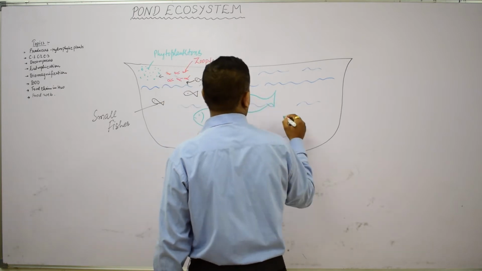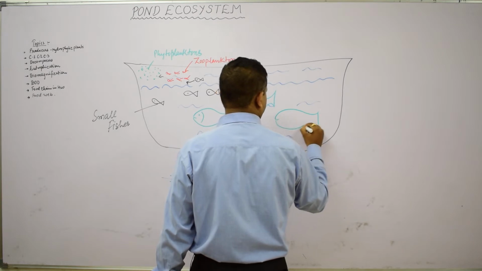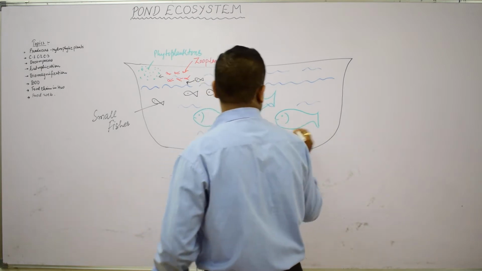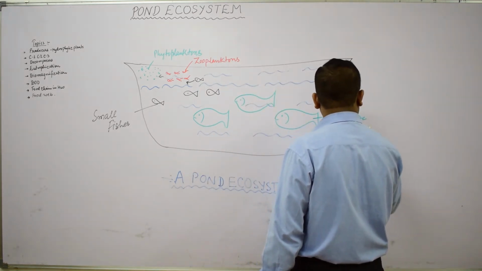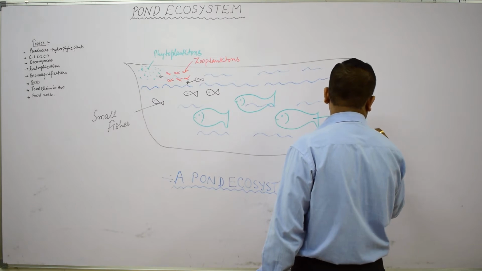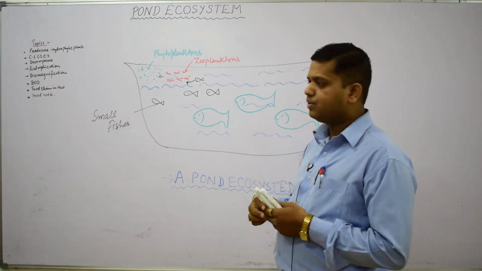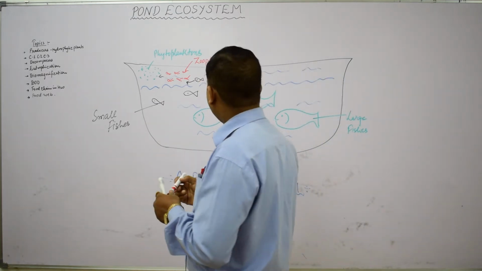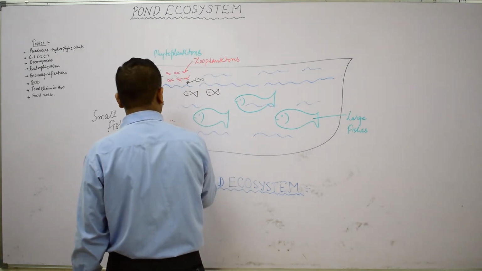Now, the large fishes, when they die, are eaten by these dotted microorganisms.